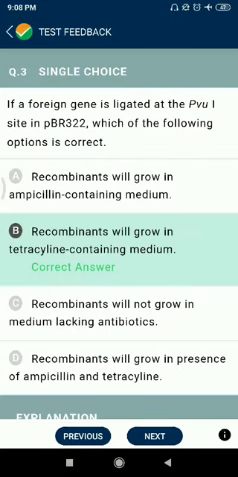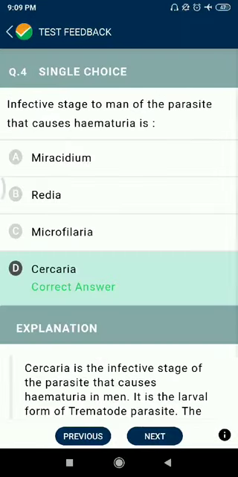Question number 3. If a foreign gene is ligated at the PvuI site in pBR322, which of the following options is correct? Recombinants will grow in tetracycline containing medium. Question number 4. The infective stage to man of the parasite that causes hematuria is cercaria.